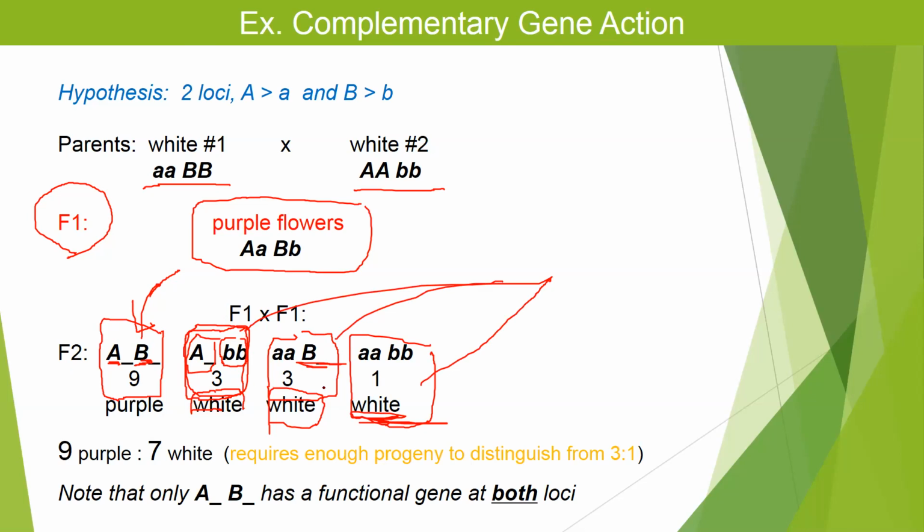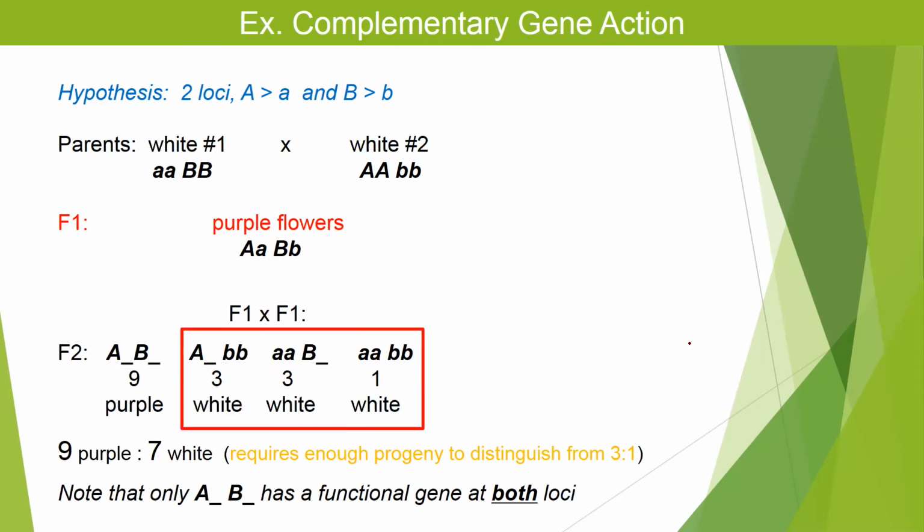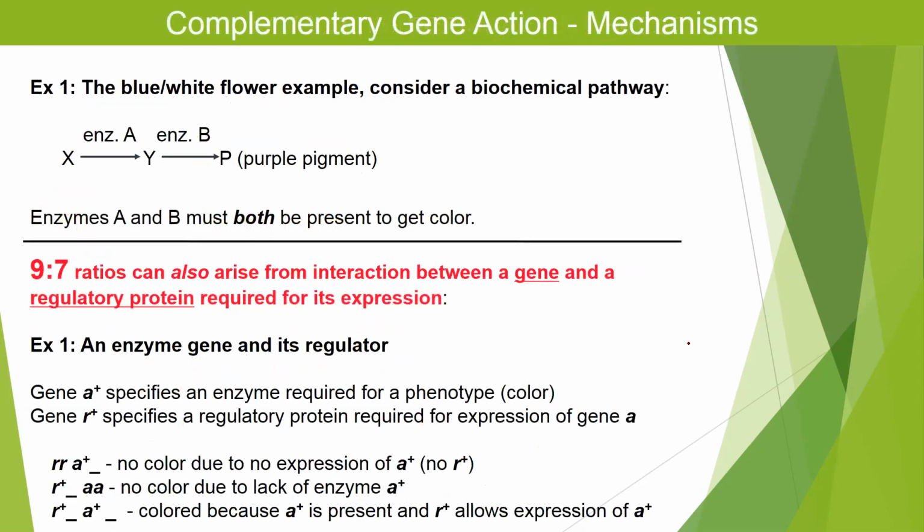So we can group them together, and this will end up with this ratio. Yeah, is that clear? Okay, very good.